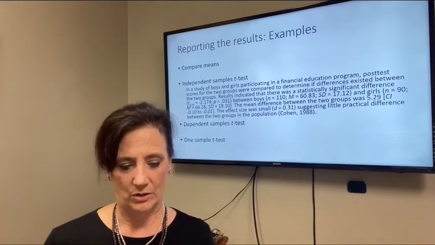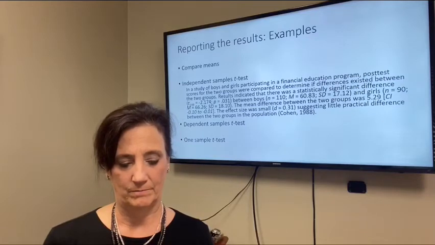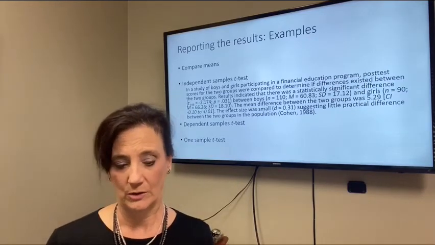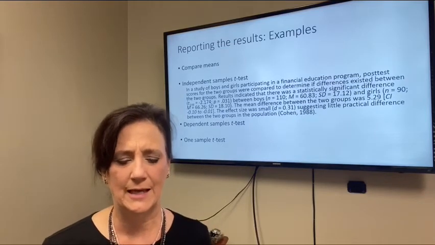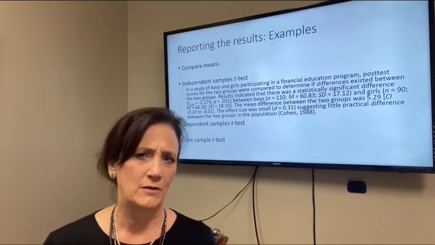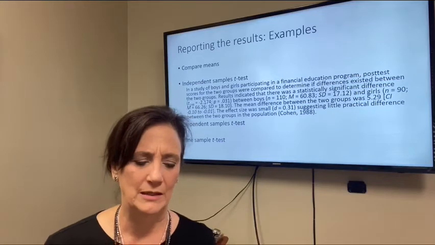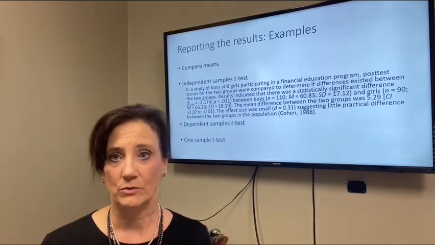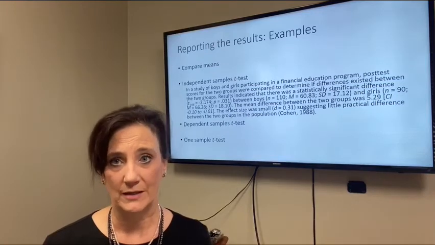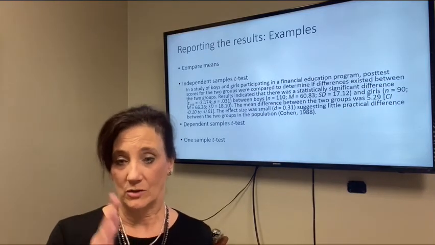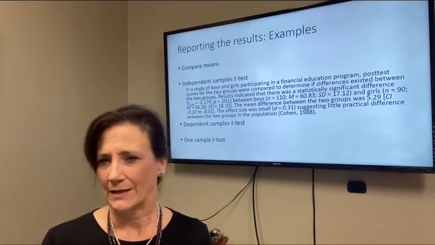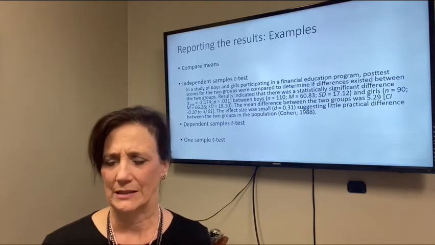There's also a reference for D, which comes out of Cohen's book from 1988. You may or you may not have found it yet, but we did upload the handout as a resource that has all the different effect sizes and what is small, medium, and large for each of those. So go find that. I can't remember now which page I put it in.